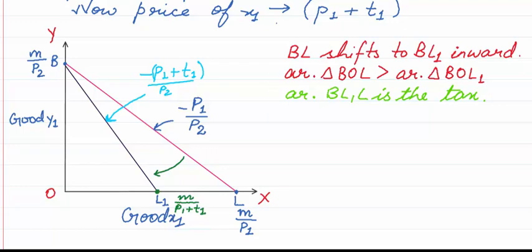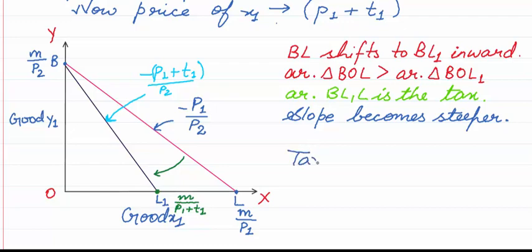Now again here we can say that the slope becomes steeper with respect to the slope of BL line, which was flatter than BL1, the new budget line of the consumer. So in this way we can say that taxes reduce the affordability of the consumer because taxes increase the price of the commodity on which it is imposed.